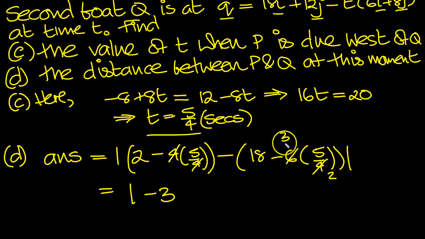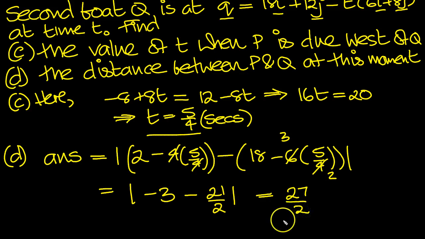So we've got 36 over 2 take away 15 over 2, which is 21 over 2. Tap it in the calculator if we need to. 18 is 36 over 2, take 15 is 21. So it's a plus 21 over 2 in here, and then the minus makes it minus. So this is 6 over 2, so it's 27 over 2, and we drop the minus because it's a modulus, or 13.5 kilometers.